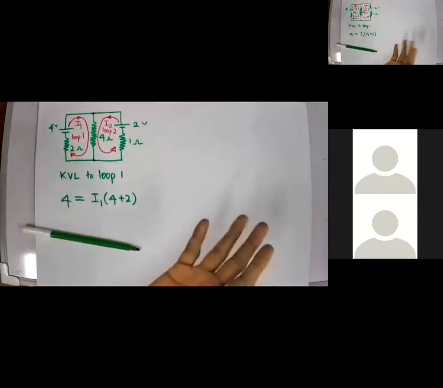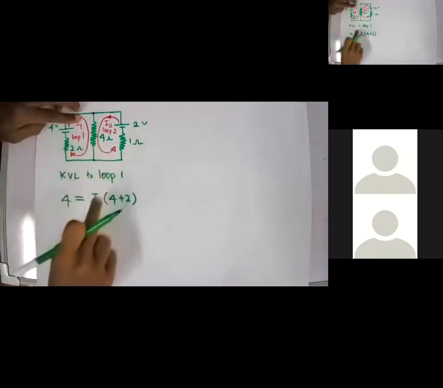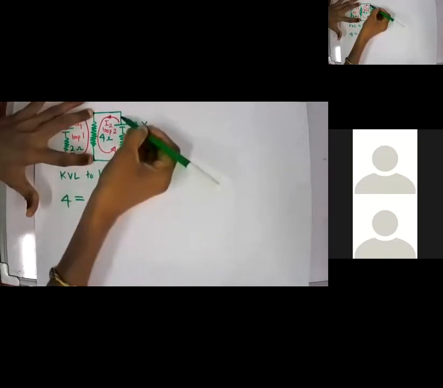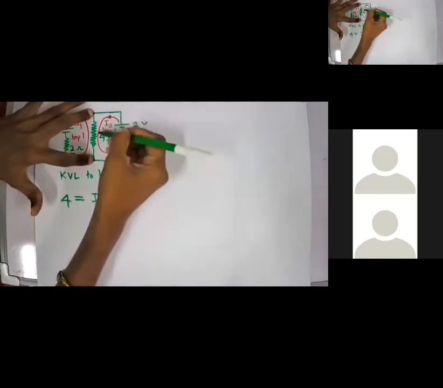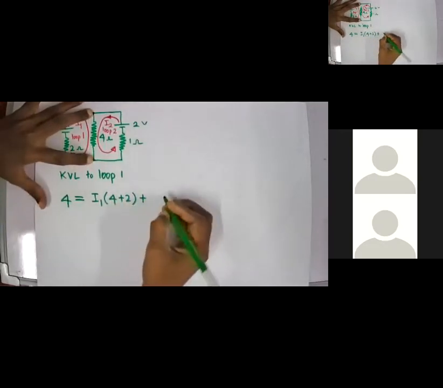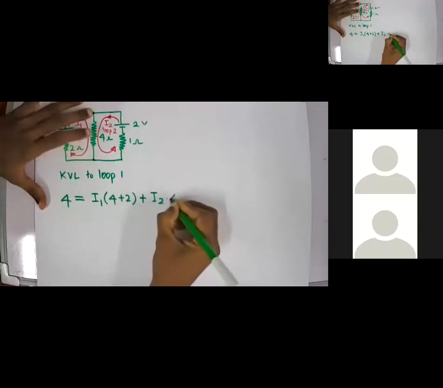So it depends on you, right? So here we have I1, which is flowing through the 4 ohm resistor and this 2 ohm resistor. But in this 4 ohm resistor, I have an additional current of I2, right? So I could say plus I2 into 4.